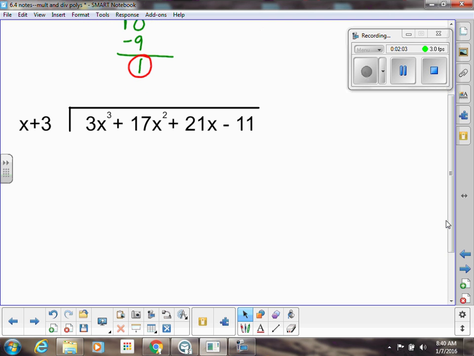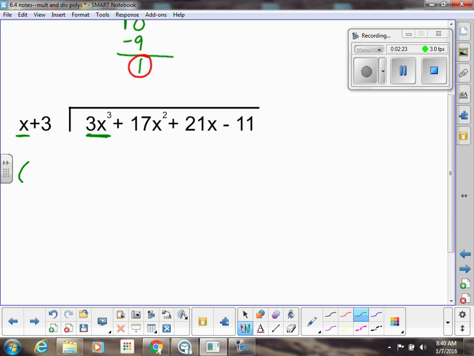So if I look at this, the only thing I'm going to look at is this very first term, x. And the only thing I'm going to look at over here underneath is this very first term, 3x cubed. And so I'm going to ask myself, what can I multiply by x to equal 3x cubed?